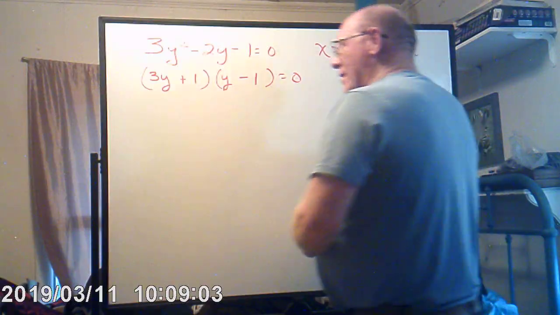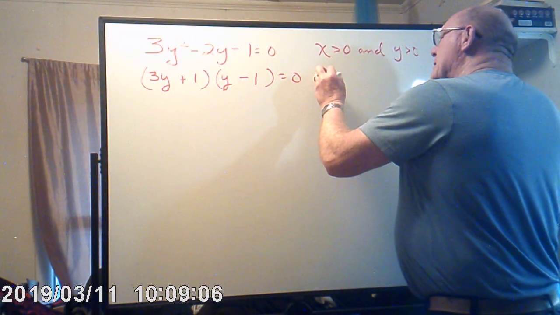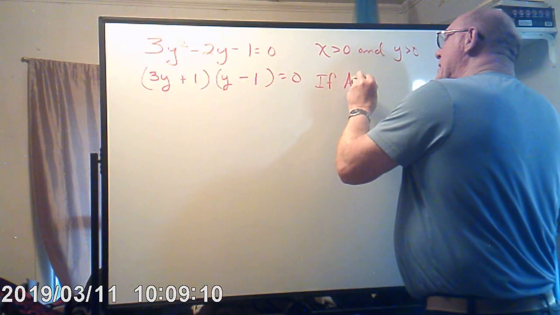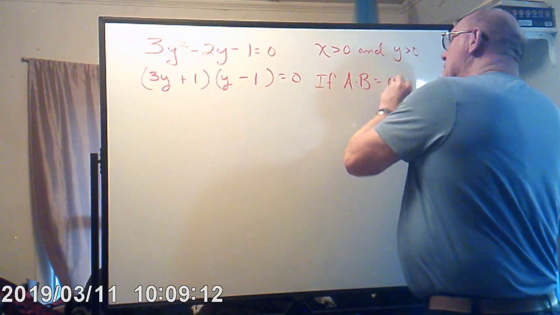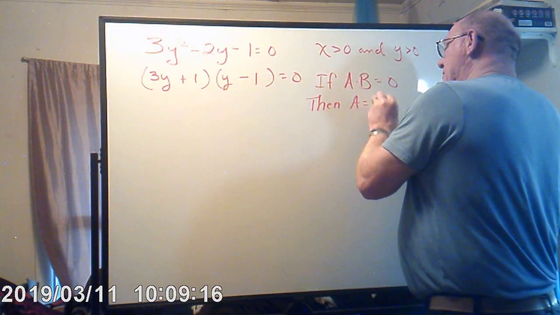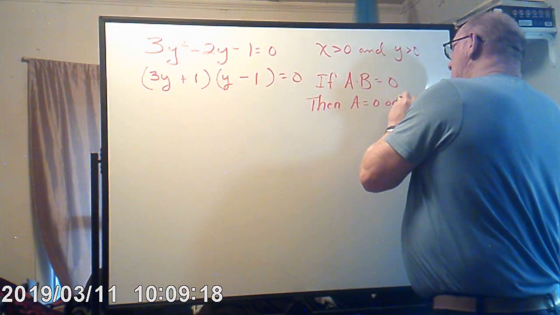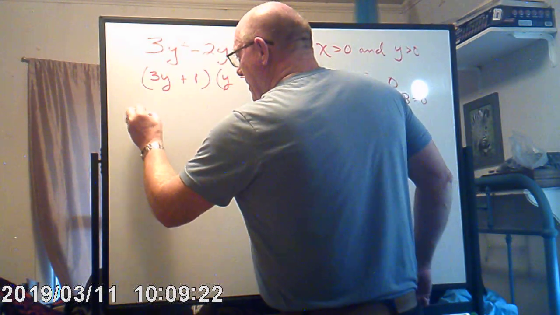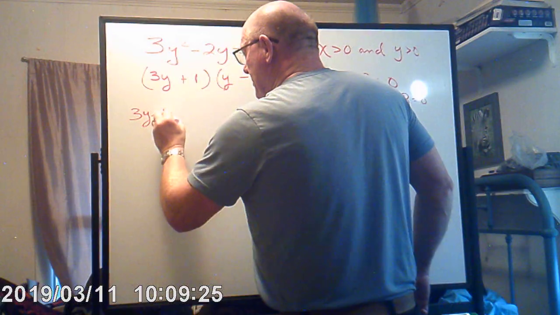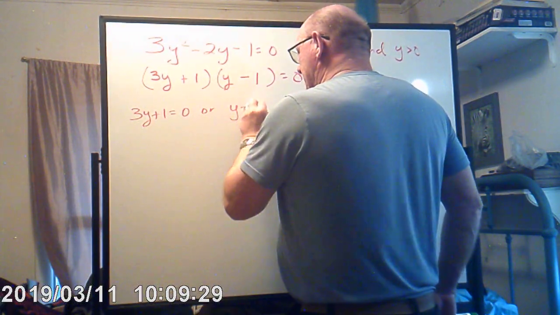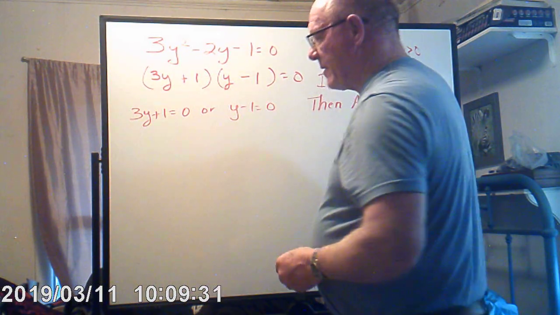Now we know that if we have another rule that says if a times b equals 0, then a is 0 or b is 0. So we're going to have this one here, 3y plus 1 equals 0, or y minus 1 equals 0.